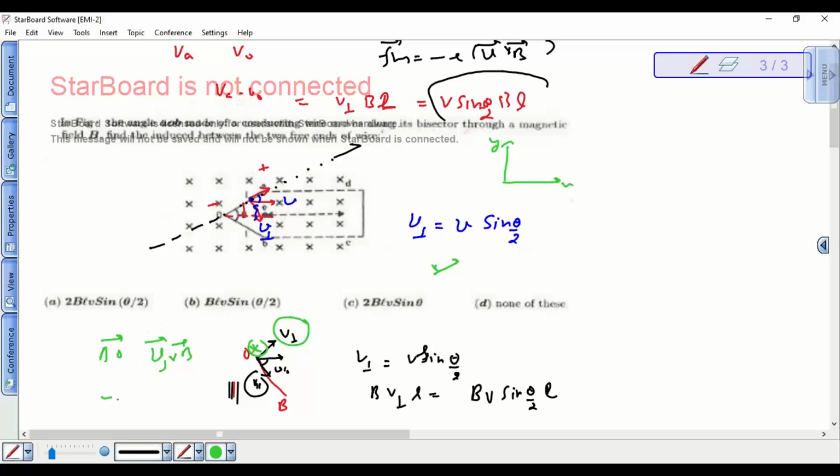And minus e times V cross B will be in the direction of the OB vector.